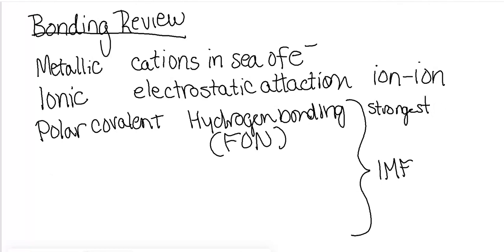Then we have polar covalent that is not FON, is called a dipole-dipole. That's next. That's for all other polar molecules that do not have fluorine, oxygen, and nitrogen in them with a hydrogen. And then we have nonpolar.